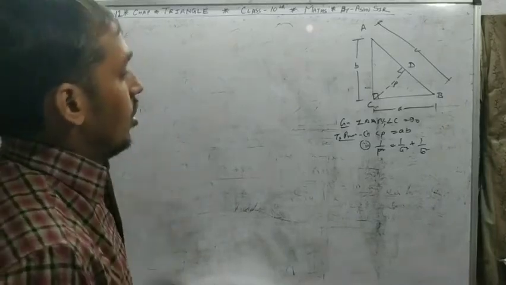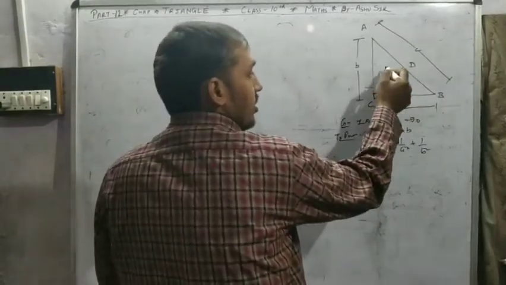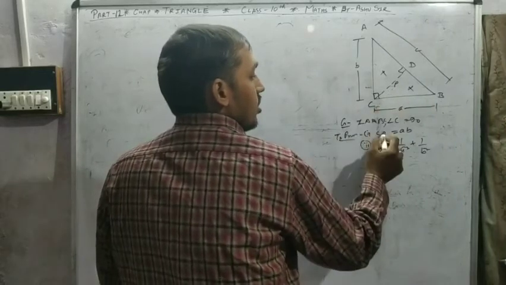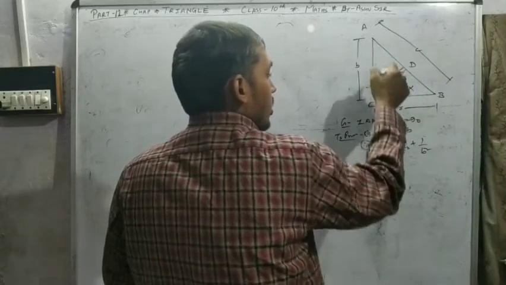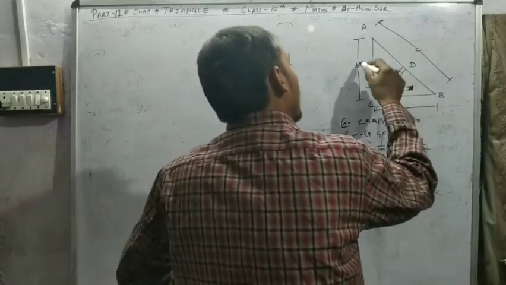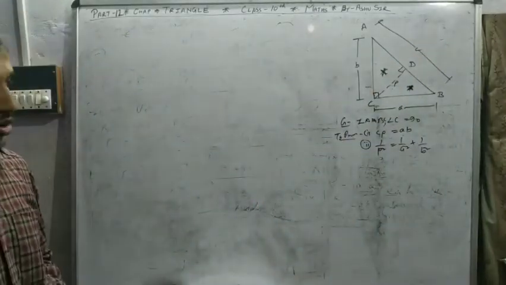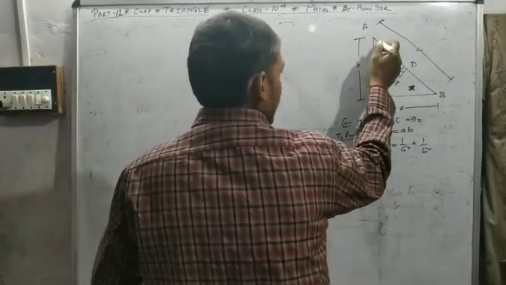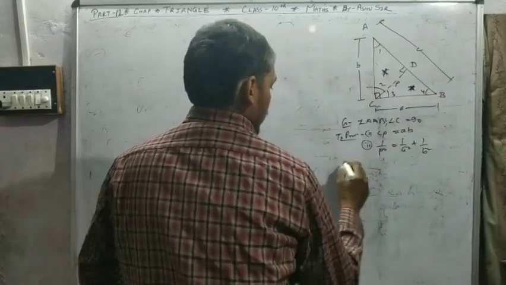So, CP and AB, where is CP? CP is the common line between these two triangles. C is this, A is this, B is this. Means we take only these two triangles. Mark angles 1, 2, 3, 4.